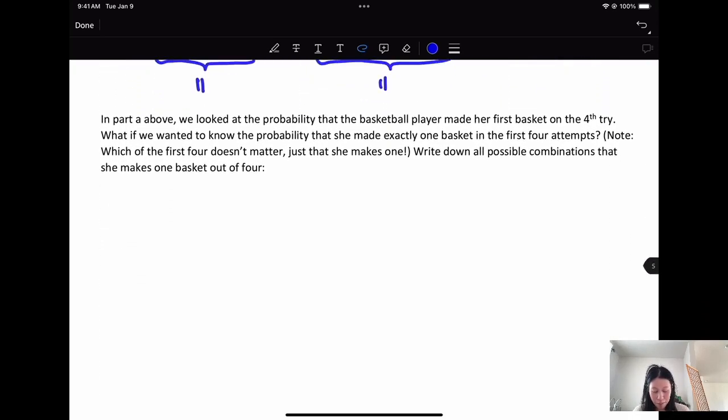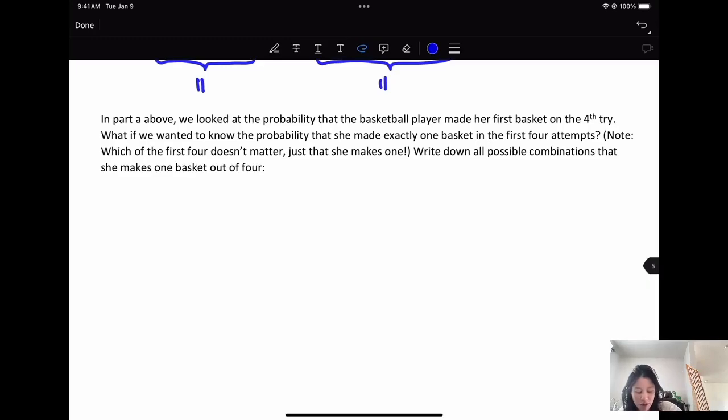In part A above, we looked at the probability that the basketball player made her first basket on the 4th try. What if we wanted to know the probability that she made exactly one basket in the first 4 attempts? Which of the first 4 doesn't matter, just that she makes one. Write down all the possible combinations.